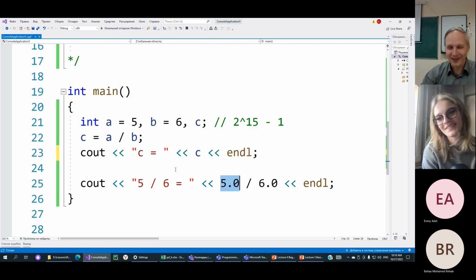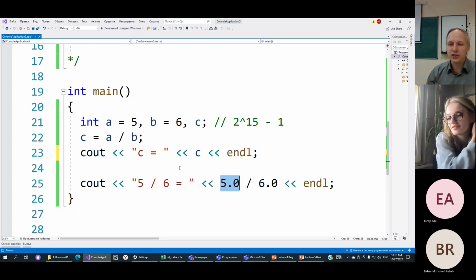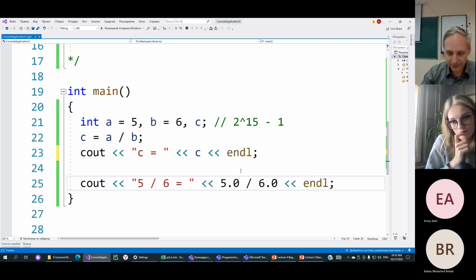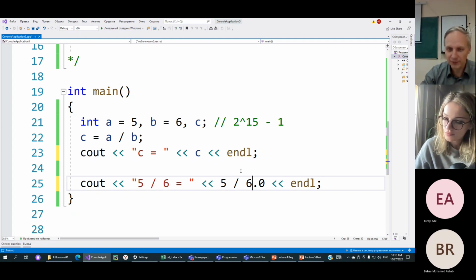Okay. Now we are talking about integers, integer data types. But later we will talk about the real data types. When we write just 5, it means the integer number 5 and integer number 6.